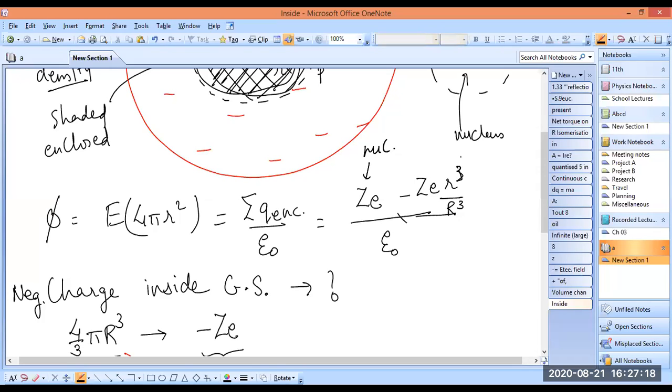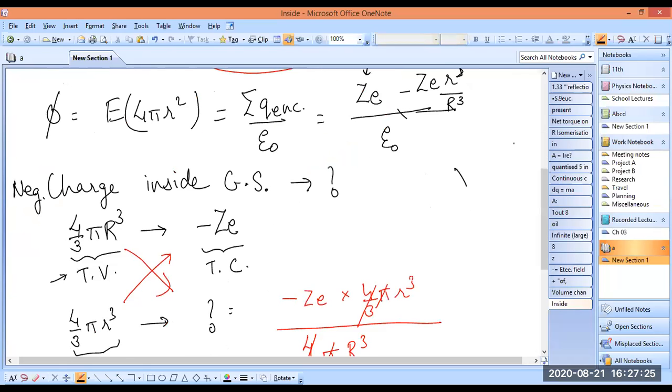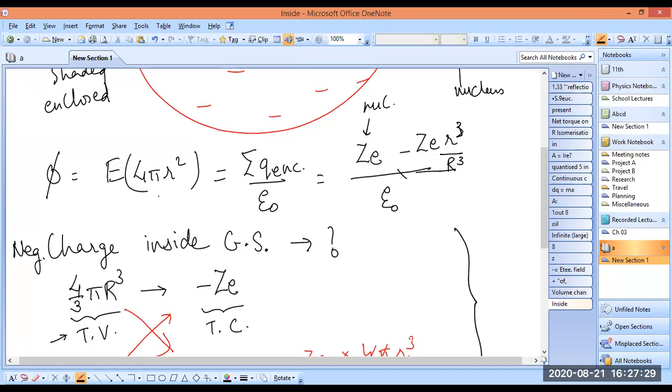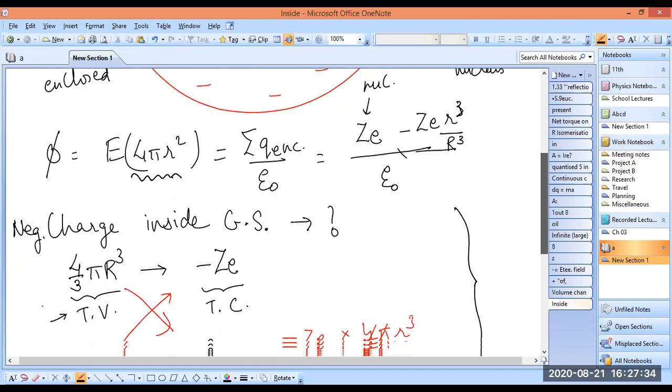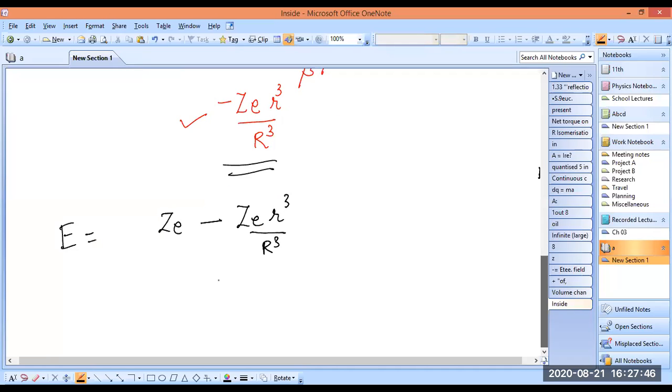So now if I want to find electric field, I'll have to continue my calculations from here. All right, so all this is done. Now if I want to find E, all I have to do is divide this 4 pi r square on that side. So finally I am going to get E is equal to Ze minus Ze small r cube divided by capital R cube, the whole divided by epsilon 0, and then also 4 pi r square that came in by division from the other side.